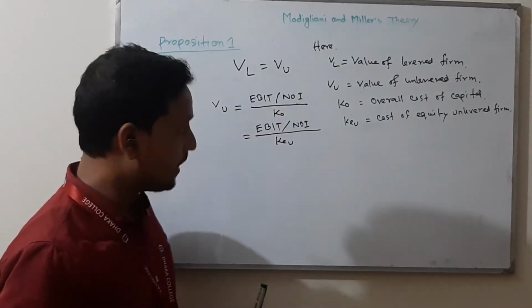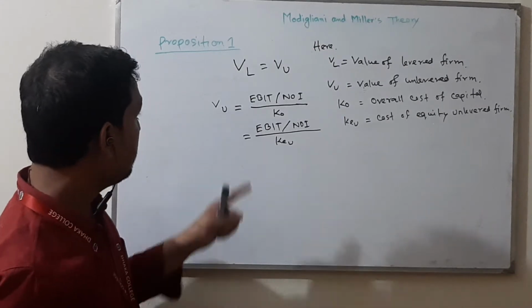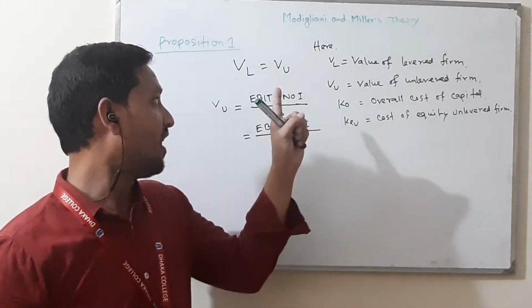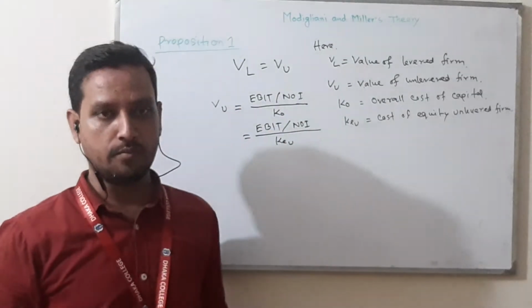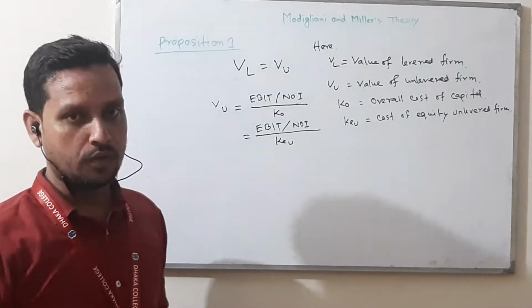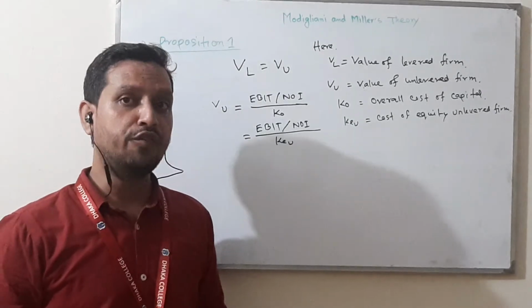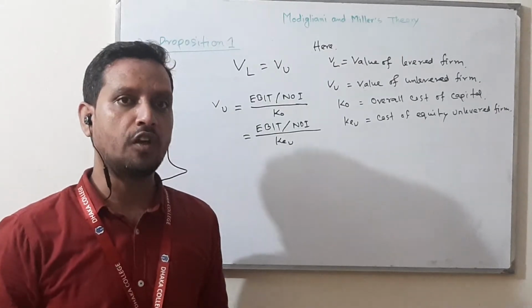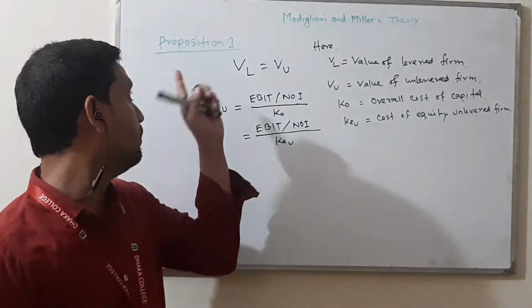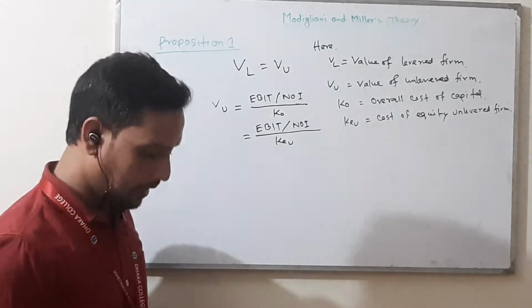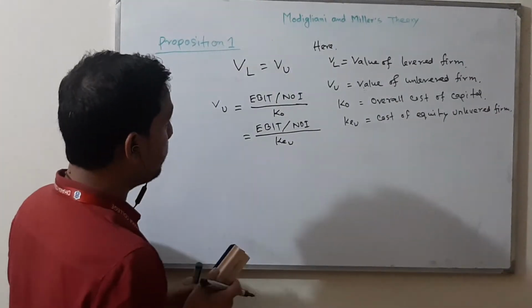Okay, dear students, in this proposition VL equals VU, so the value of the unlevered firm equals the value of the levered firm. If we learn this proposition, we should be able to solve a problem about proposition number 1. So let's solve a problem.